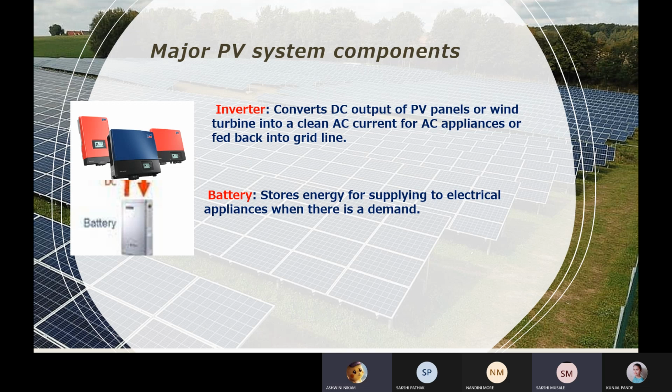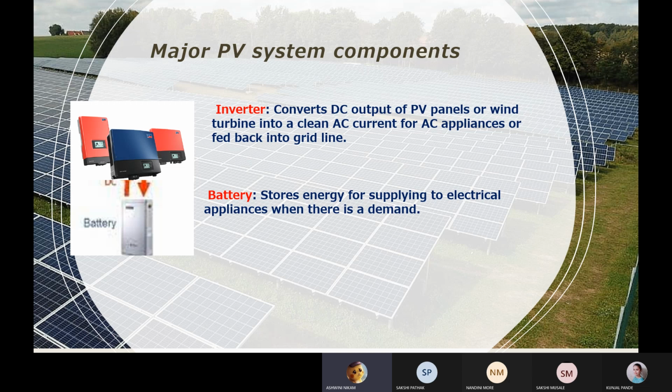Let's move towards the next point, which is inverter. We all know that our home appliances and some other appliances use energy in the form of AC. But the system we are going to use produces energy in the form of DC.